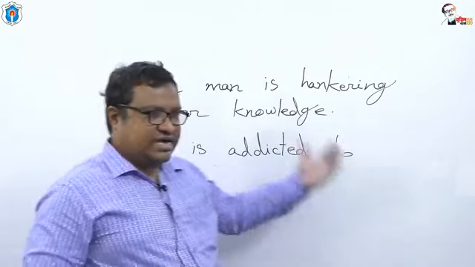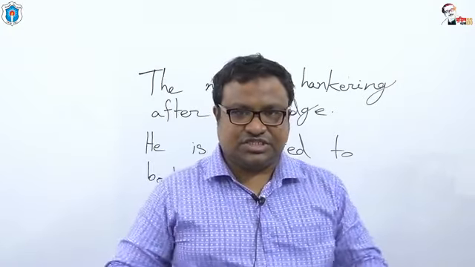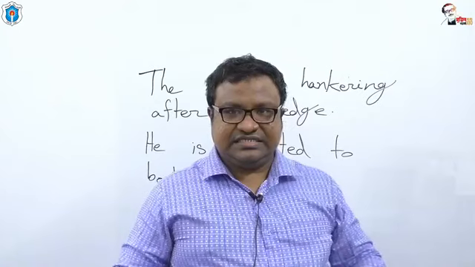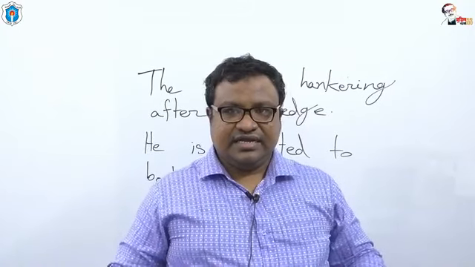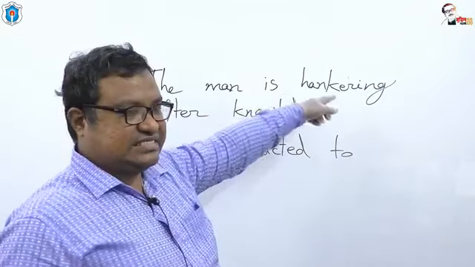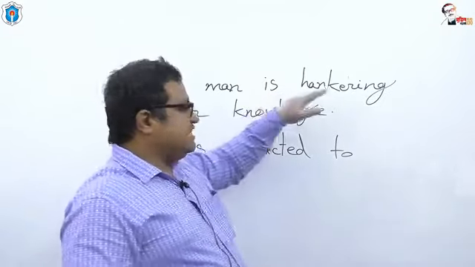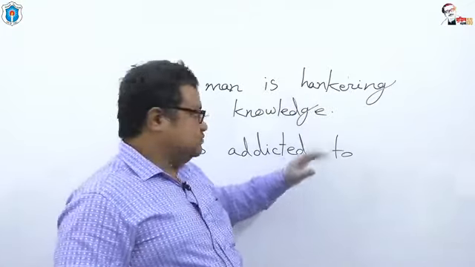You may hanker after wealth, you may hanker after power and position, some negative things, but you can't hanker after knowledge. Rather, the man is searching for knowledge, or the man is in search of knowledge.